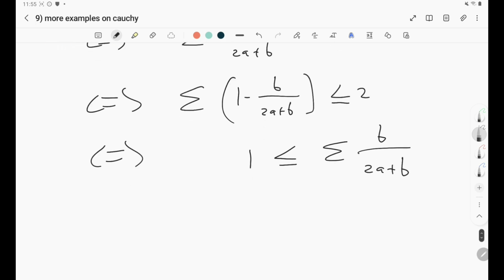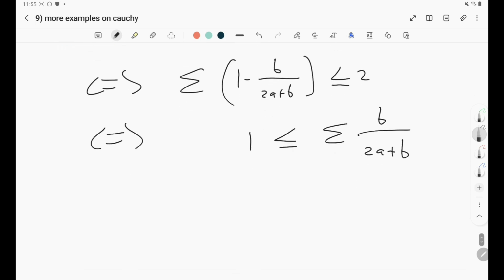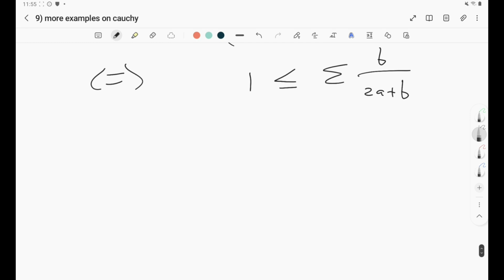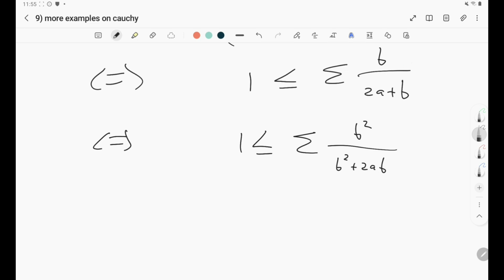And now the previous idea we discussed, T2, is now available, because now you can do this: b squared over b squared plus 2ab. Of course, I just multiplied by b both numerators and denominators, the standard trick of Nesbitt, if you remember from the previous video.